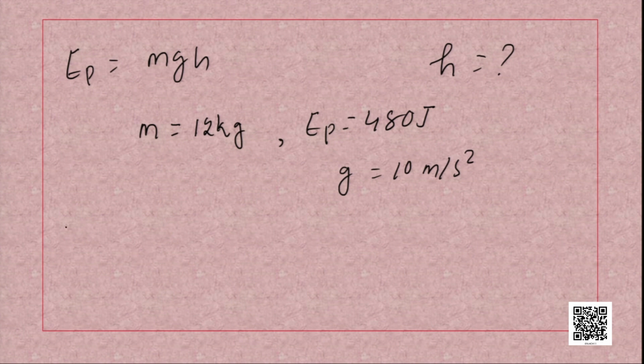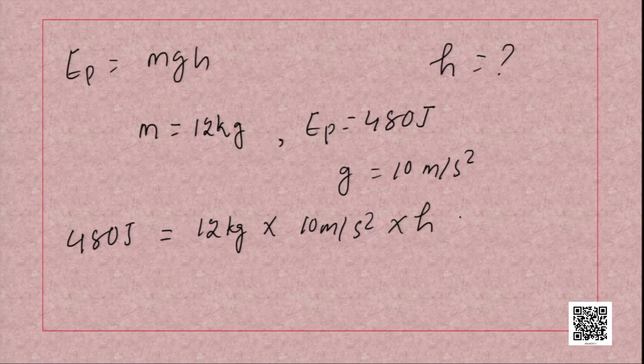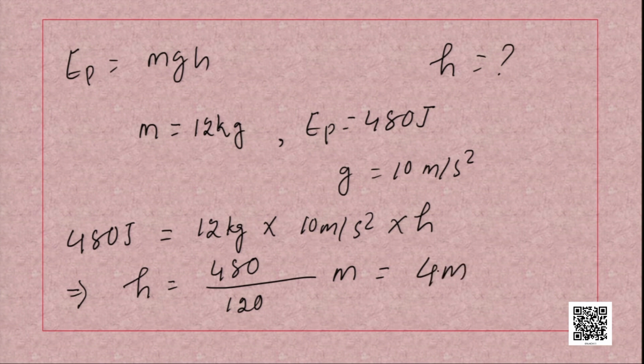So, we will substitute these values. After we substitute these values, 480 joule will be equal to 12 kg multiplied by 10 meter per second square multiplied by h, which is the height, and if we solve it, h will be equal to 480 divided by 120. Height will be in the unit of meter. So, the answer will come as 4 meter.